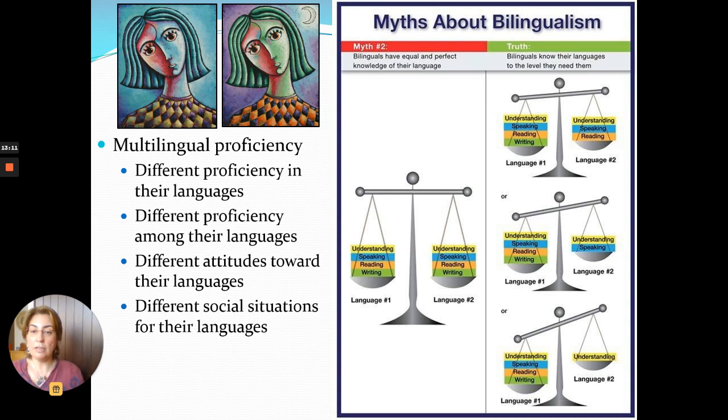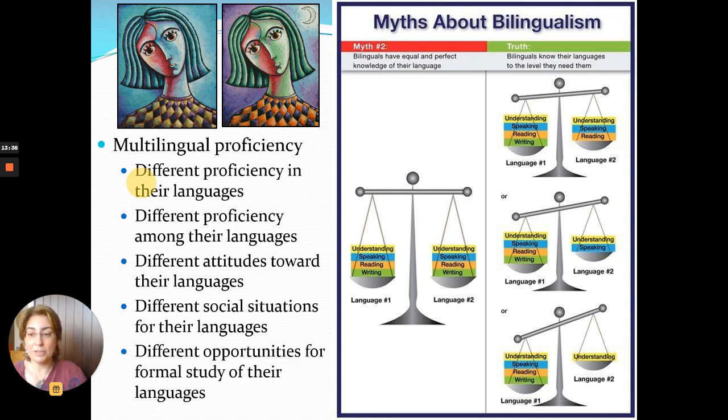They might use another language to speak about their intellectual concepts or their work, and not be able to speak about that in any other language. They're still multilinguals. They're still perfectly balanced bilinguals. They just have different distributions in the uses and social situations in which they use the languages.